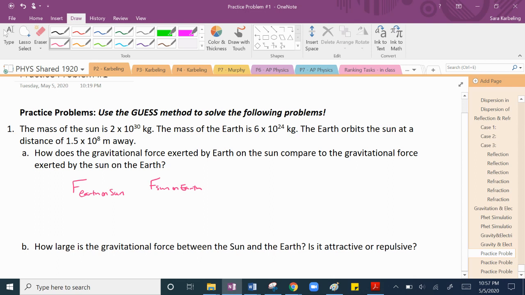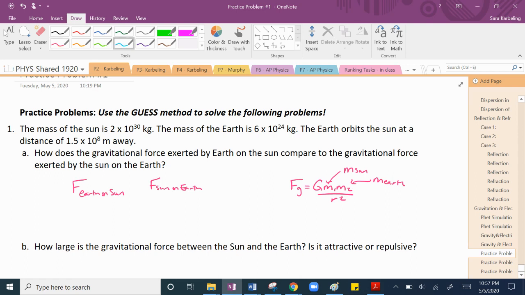Friends, if we were going to look at the equation, remember to find gravitational force, Fg is equal to G m1 m2 over r squared. This is the mass of the sun. This is the mass of the earth. This is the distance between them. It doesn't matter which number's first. It doesn't matter at all.